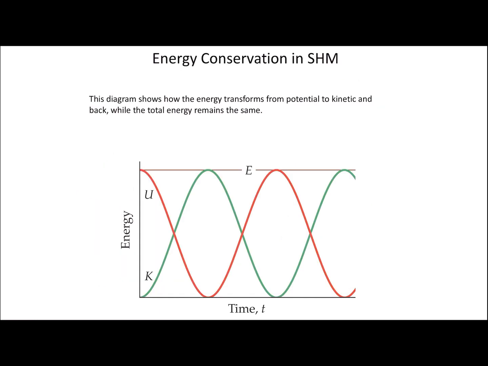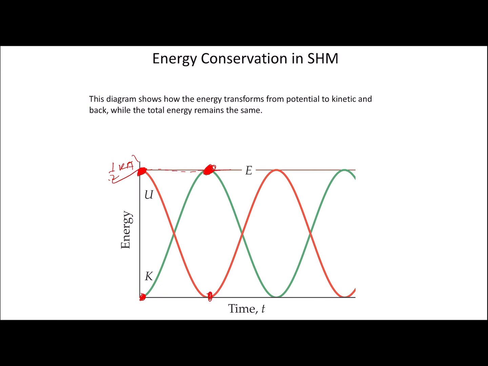You can see here, this is the mean position. It has maximum kinetic energy, where total kinetic energy is equal to total energy, because potential energy is 0. But at the extreme to the left, for example, kinetic energy is 0 and potential energy is maximum, so total energy is equal to the total potential energy here, that is half k a square.